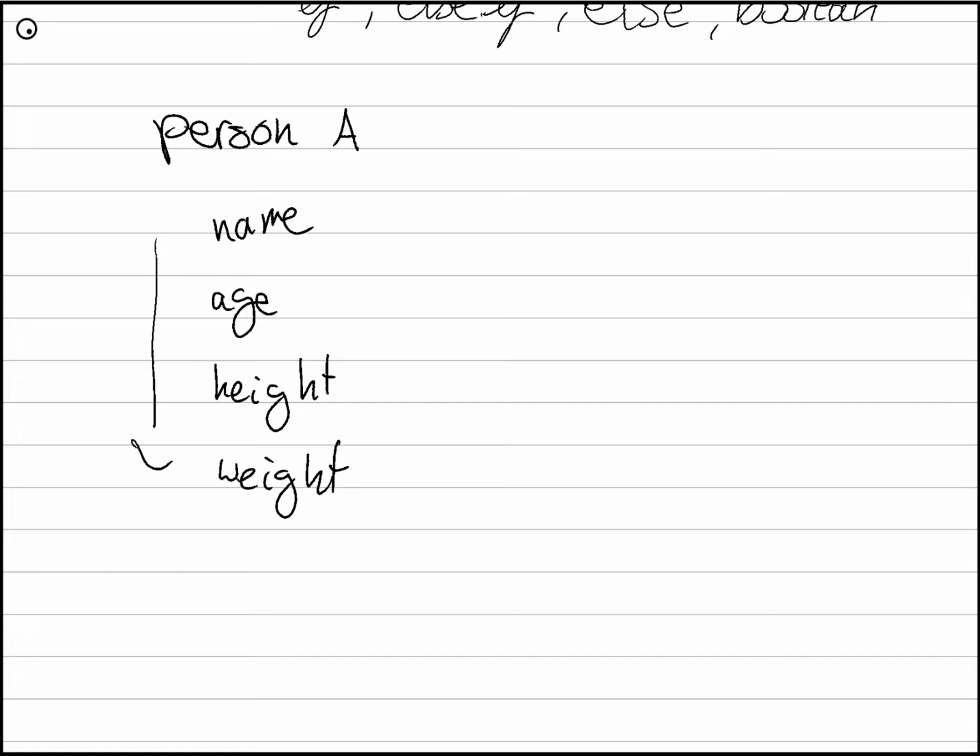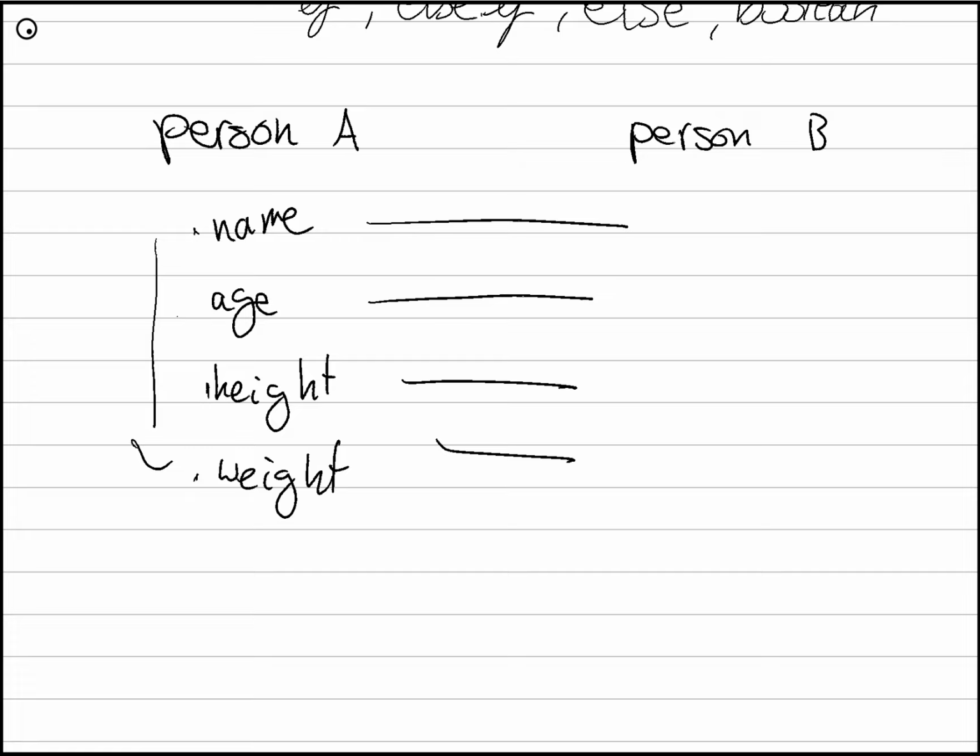Because theoretically, you could meet someone that has the same name, age, and height, but different weight. So we want to check all these attributes to make sure that they're different, right?